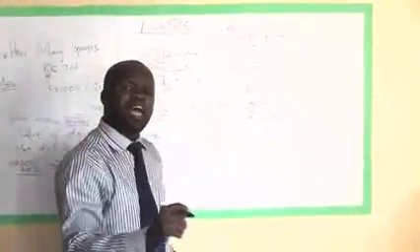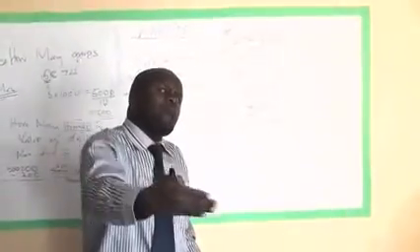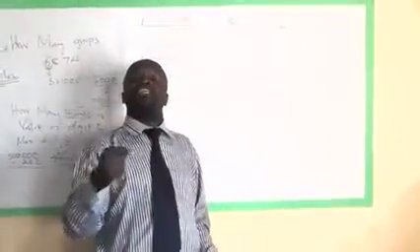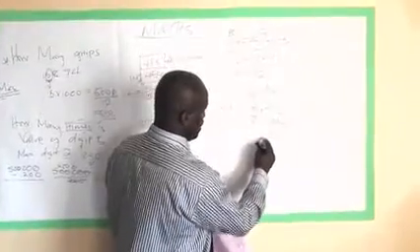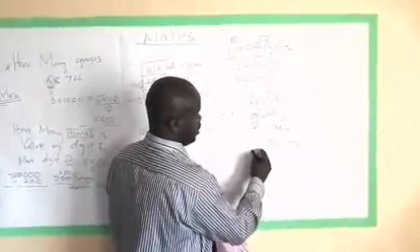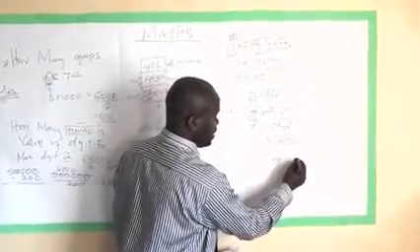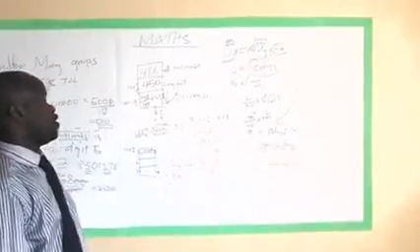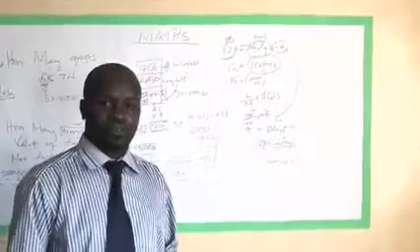But the question is, how many less days? Now we add our own. How many less days from the original number of days that they were supposed to take? Now we bring back 14 minus 12. What do we get? 2 less, 2 days less. That is how we tackle such questions. Children, it's just about understanding the question.